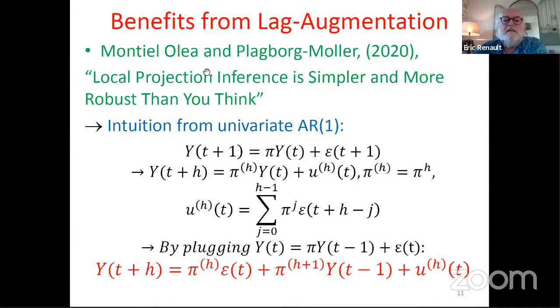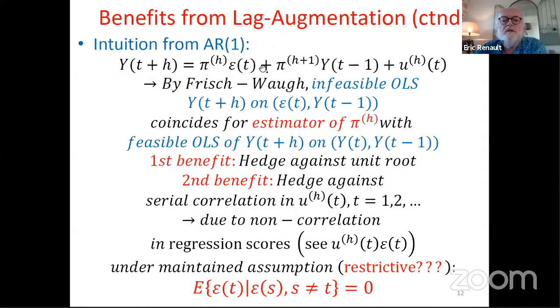Because this is an infeasible regression, since you don't observe epsilon. But you can relate it to a feasible regression, which is a regression on y_t and y_{t-1}. What does it mean? You have a regression on 1 lag, and you make a regression on 2 lags. So you have a lag augmentation.